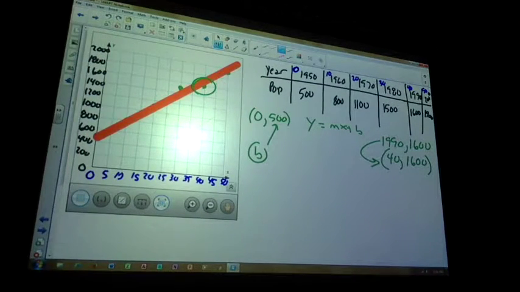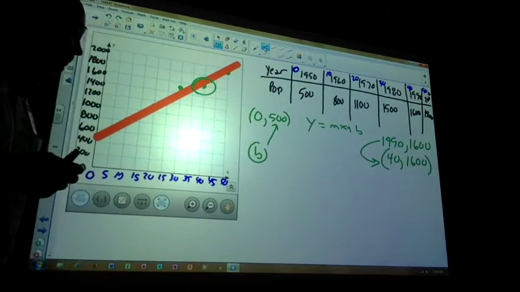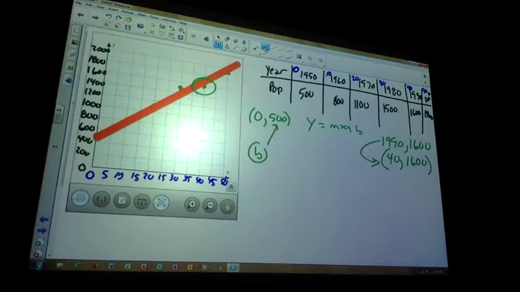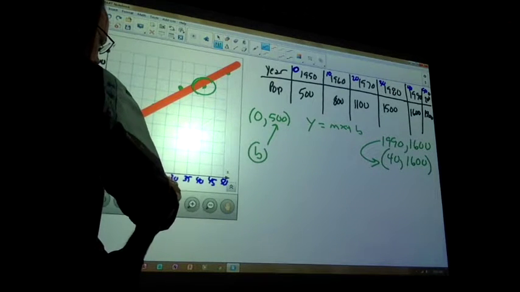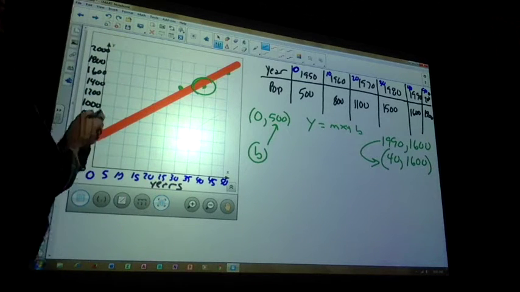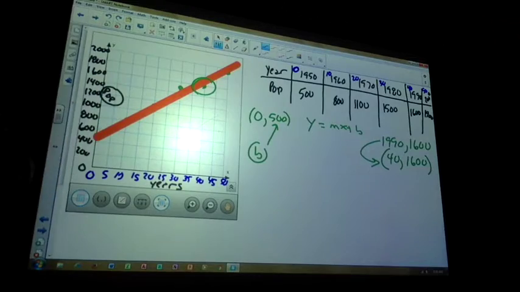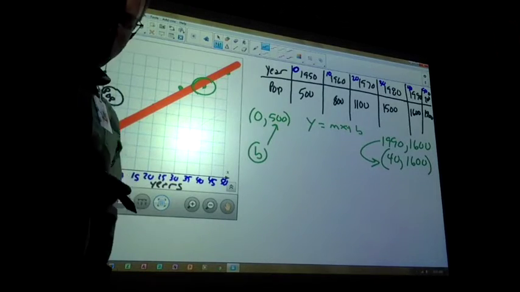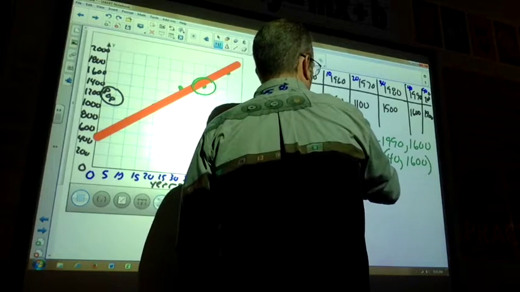So let's figure out our slope. On this problem, our independent variable is the year, and our dependent variable is the population. I'm going to go ahead and find my slope. I know this is my slope equation.